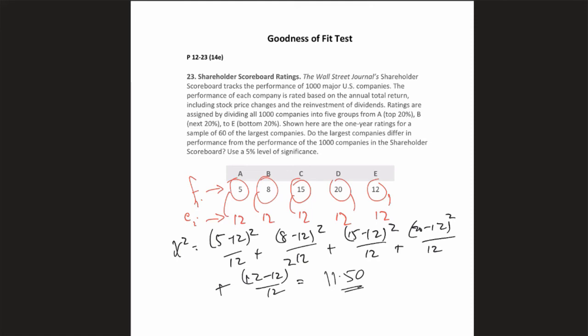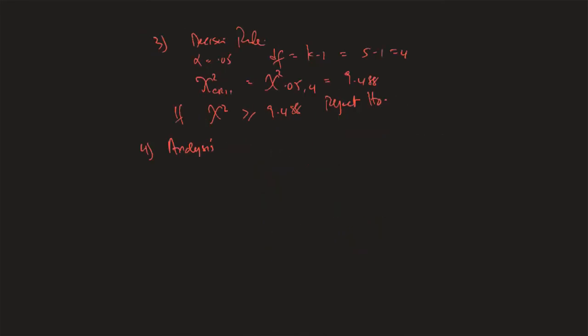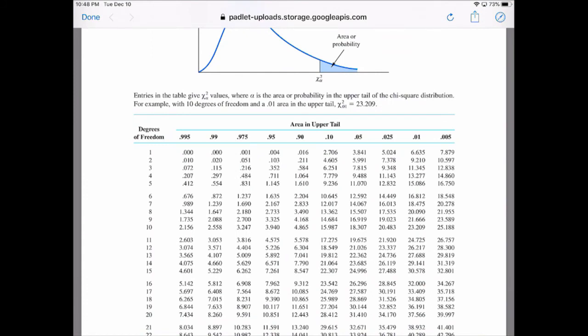But let's find the p-value. Chi-squared is equal to 11.50. The p-value is the probability of chi-squared greater than or equal to 11.50. When I look at the table, what do I get? Looking at the 4 degrees of freedom, I am looking for 11.5.